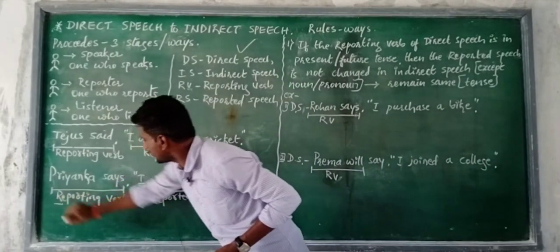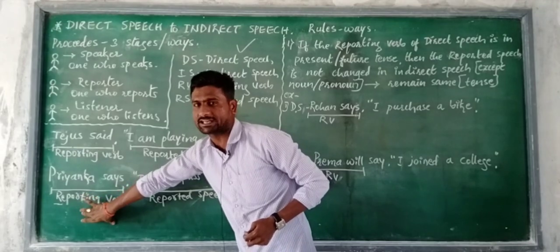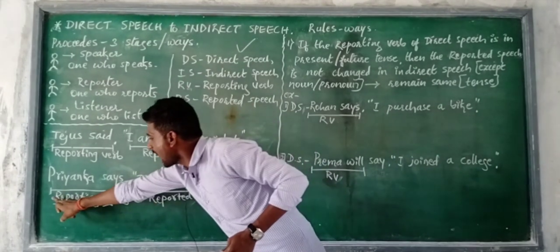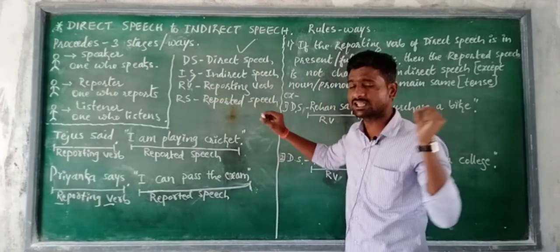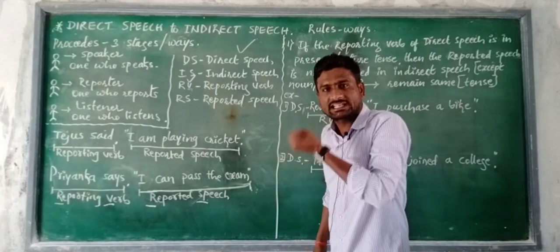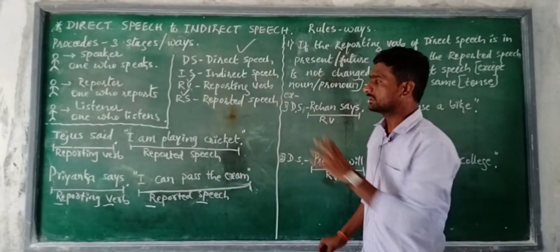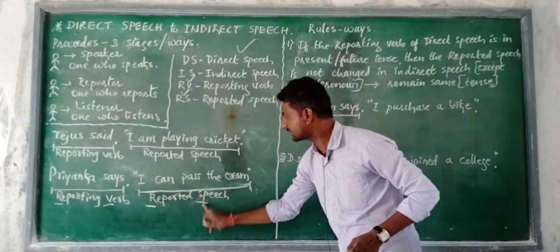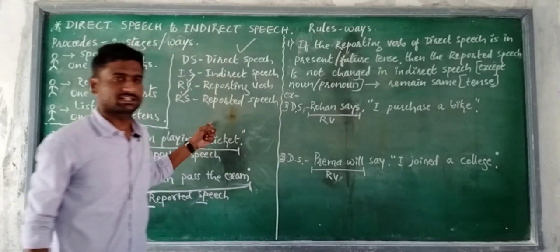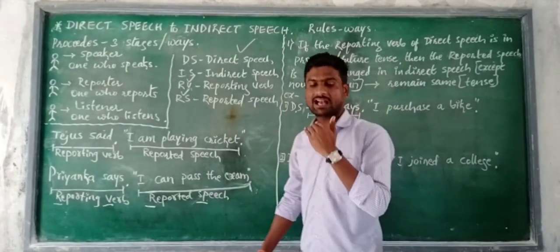Here I have selected the two initial letters of this division. For reporting verb, I have selected R and V and use RV as the short form. For reported speech, I have taken R and S, and use RS. You should know all this: DS means direct speech, IS means indirect speech, RV means reporting verb, and RS means reported speech.